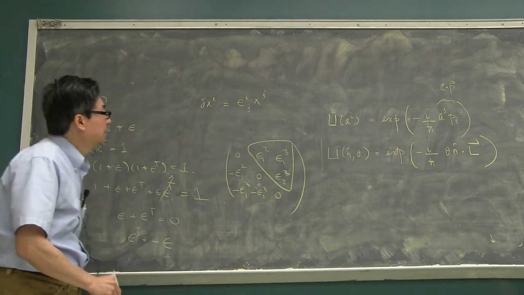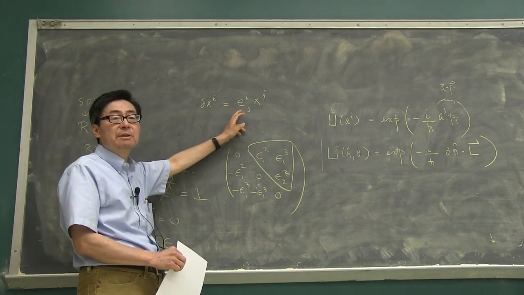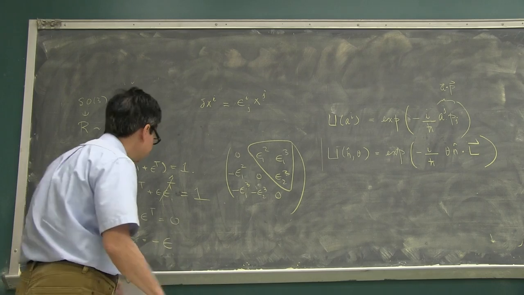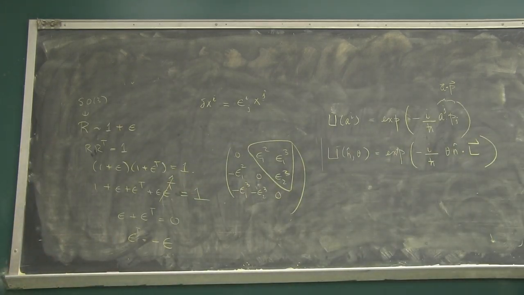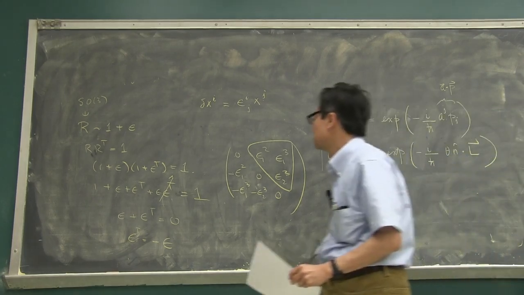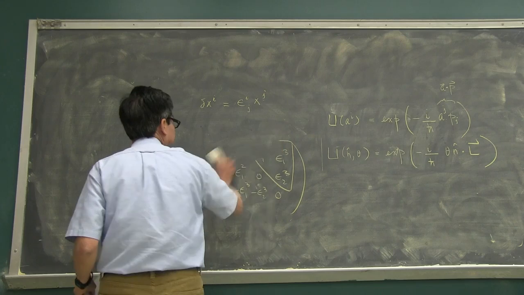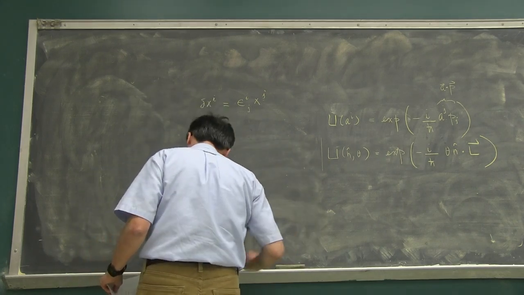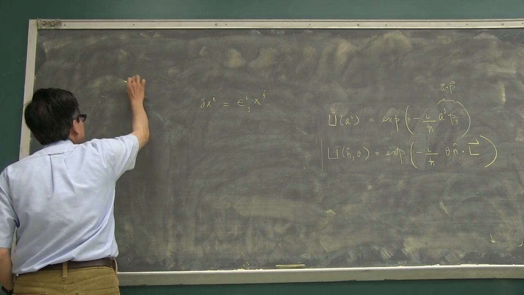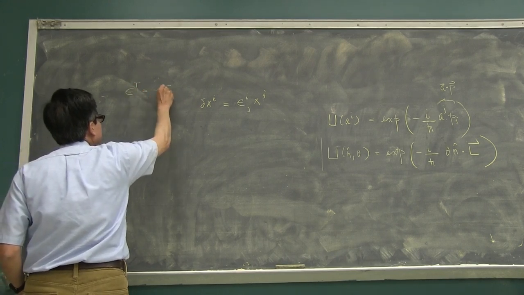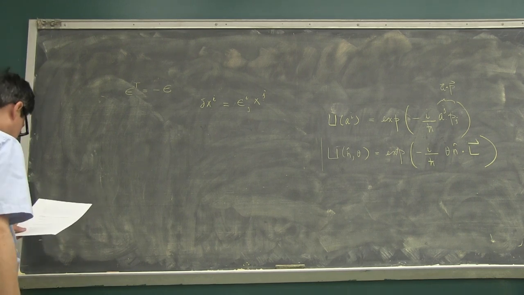But there are only 3 independent terms in here because there are only 3 independent numbers, epsilon, in here. So we'll start with that expression, bearing in mind now the very important property that epsilon is an antisymmetric matrix. So epsilon transpose is equal to minus epsilon, like that.